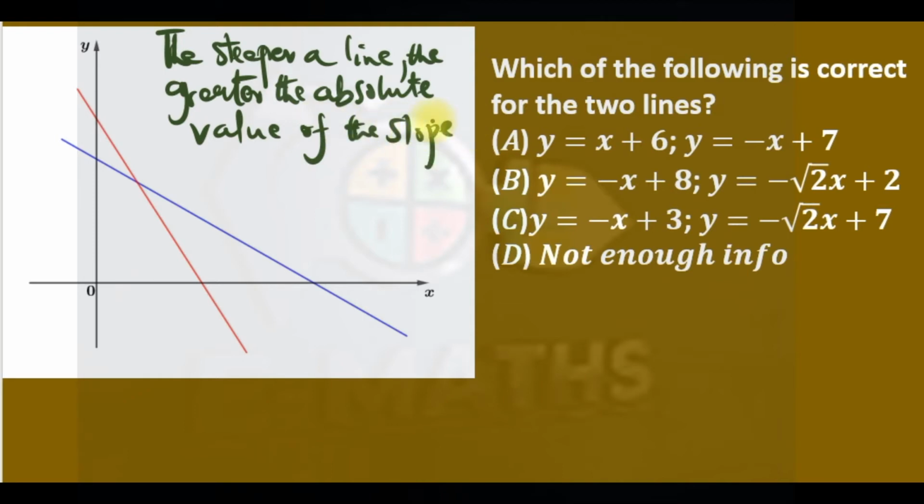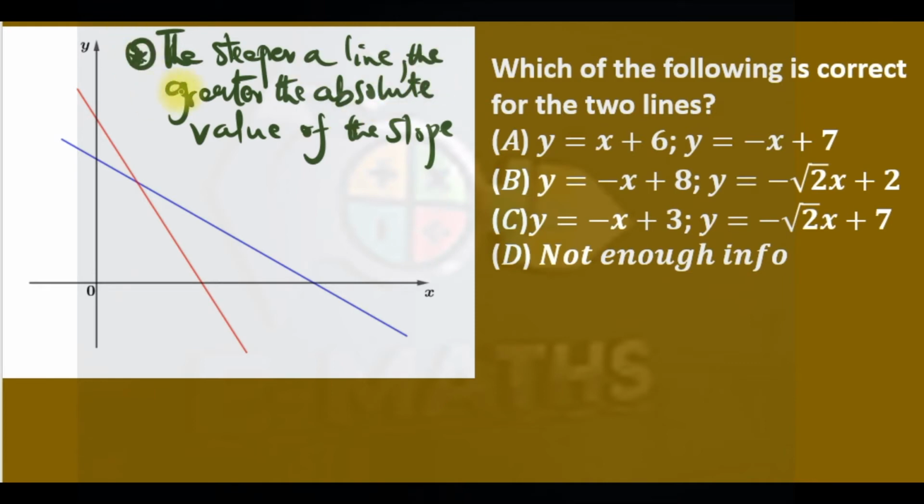Do you get? That is a very important fact. Whenever a line is steeper, the absolute value of the slope is greater. So that's the first thing you have to know here.